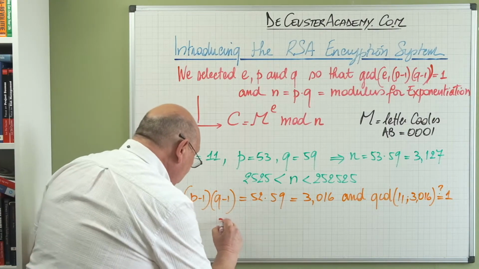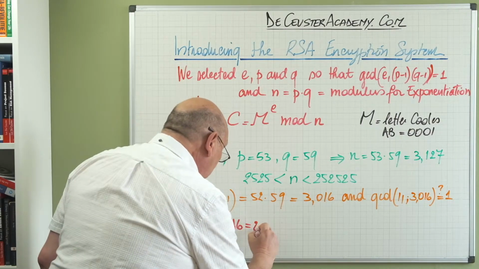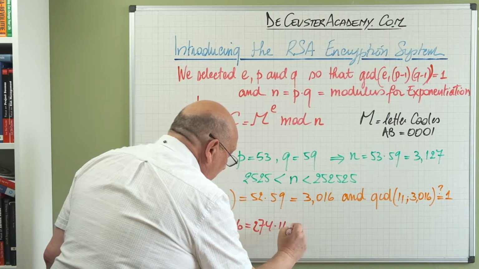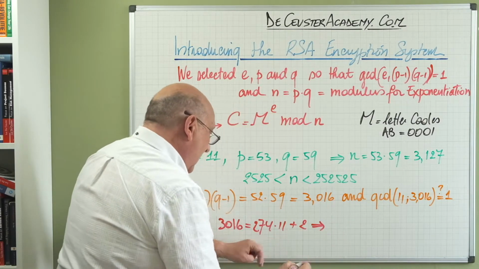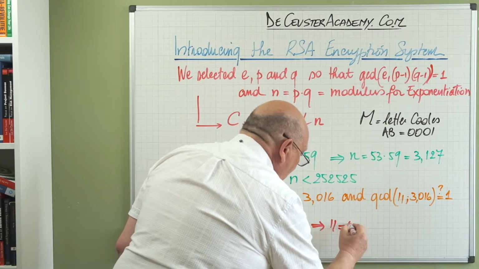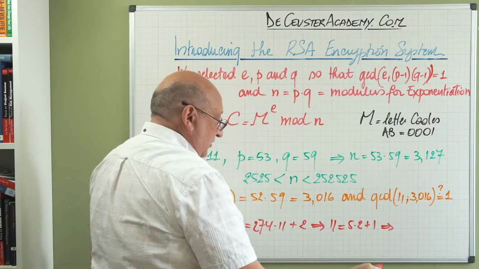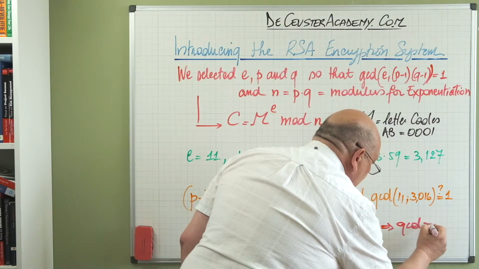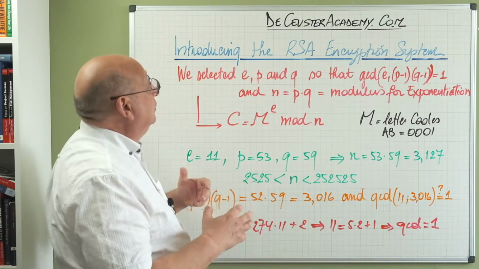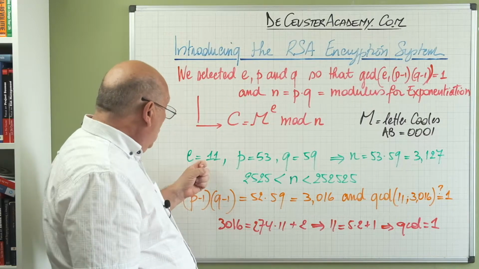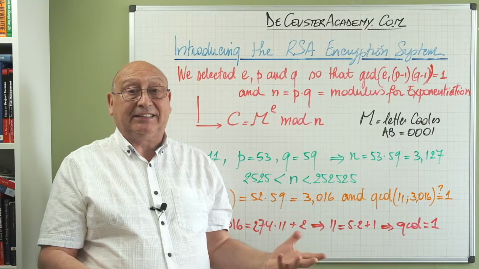So I can say that 3016 is 274 times 11 plus 2, so we can say that 11 is 5 times 2 plus 1, which means that the GCD is equal to 1. So basically we can use the RSA encryption system with these numbers, and that's what we're going to do in the next step.